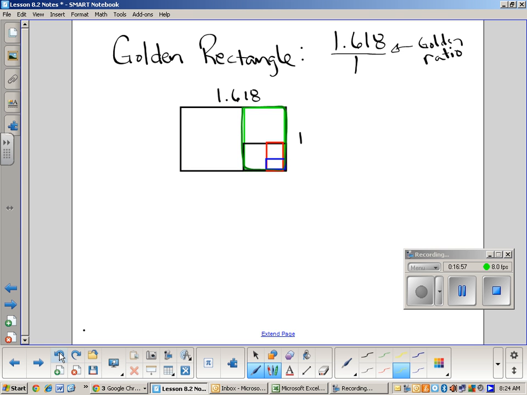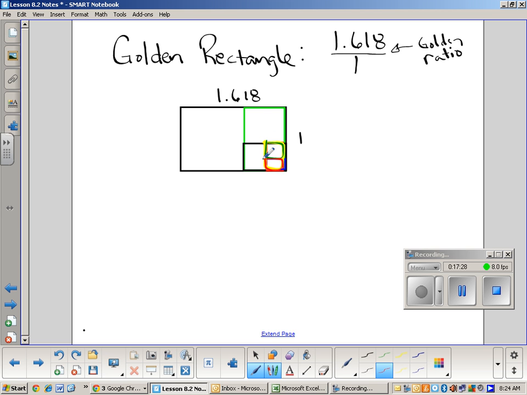Then we took this rectangle and cut it into this square and this rectangle. And we can continue to do that as long as we want to make it smaller and smaller and smaller.